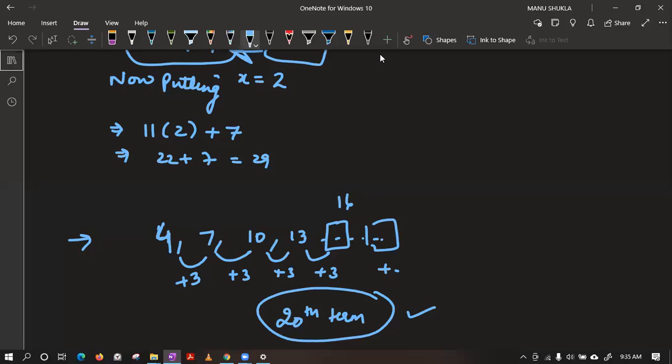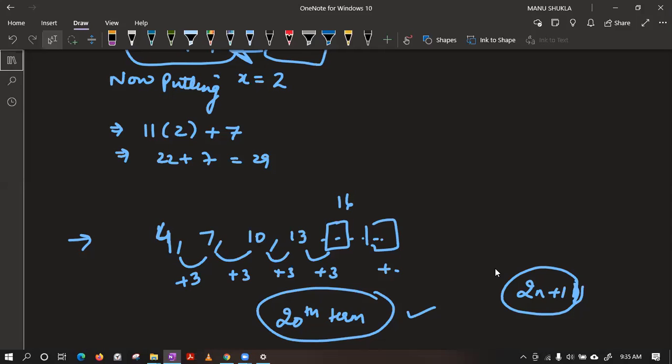I know you can go step by step by adding 3 and find all the numbers. Lavya is saying 2n plus 1, where n is a natural number. Others, please try and tell me what the relation should be.